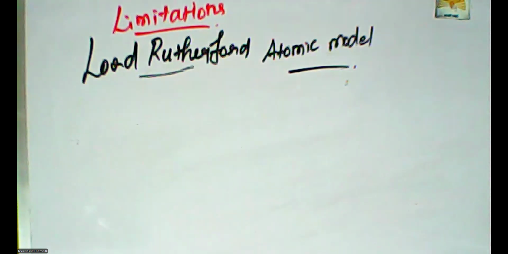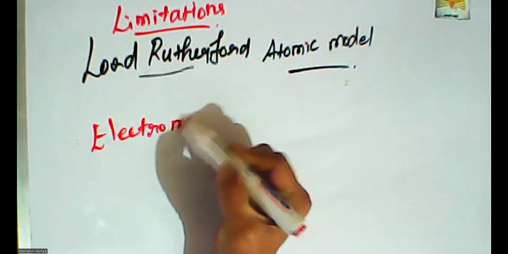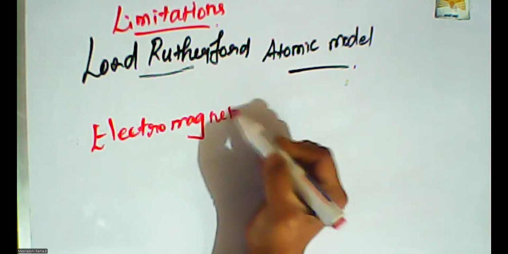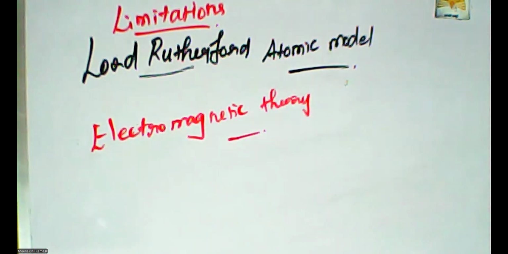Limitations means, the electromagnetic theory says moving electrons should accelerate continuously and lose energy. The electromagnetic theory told that moving electrons should continuously lose their energy.